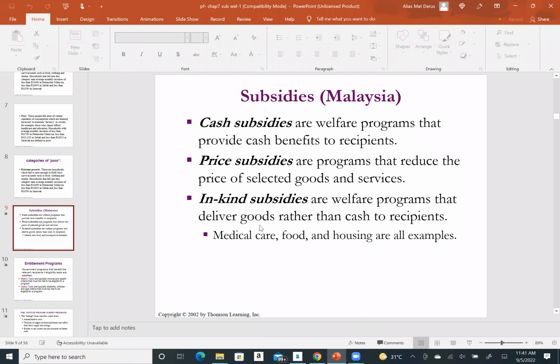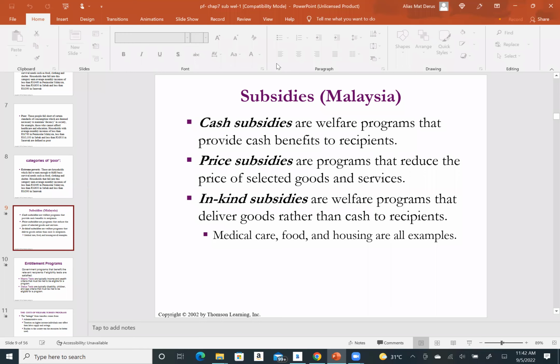Or small rubber holdings, you are given the anak getah. Anak getah, you know, what do you call it? The small rubber tree. All right. So they are given in terms of goods. So that is in-kind subsidy.